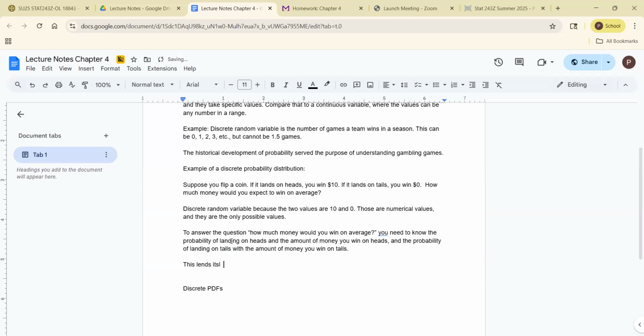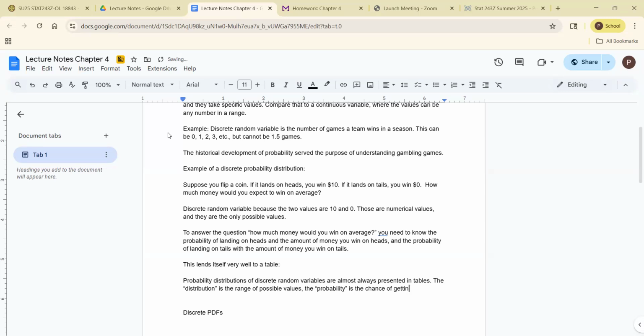This lends itself very well to a table. So probability distributions of discrete random variables are almost always presented in tables. The distribution here is the range of possible values. The probability part here is the chance of getting those various outcomes.